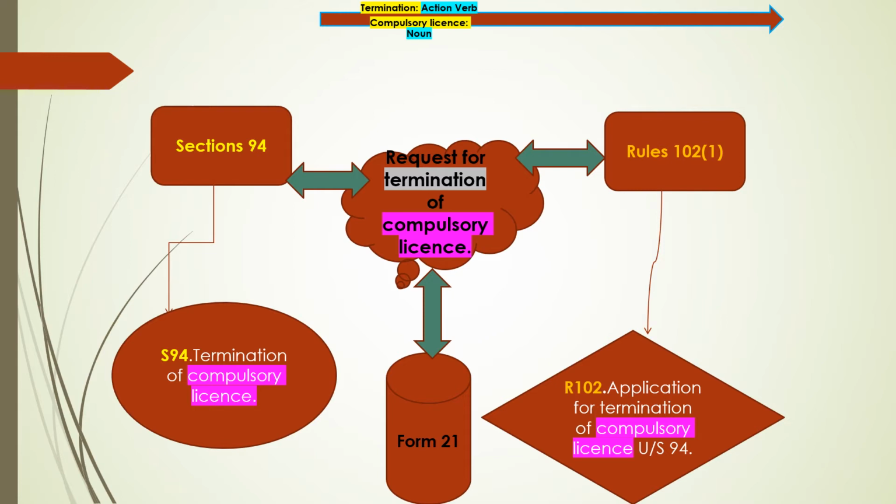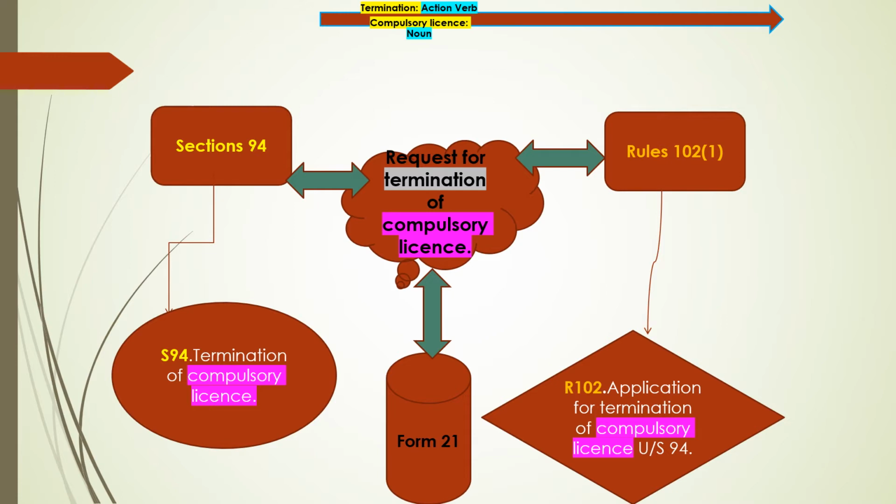So the primary keyword here is compulsory license, and what is actually happening with this primary word is determined by the secondary word.